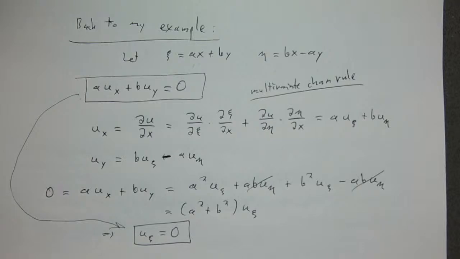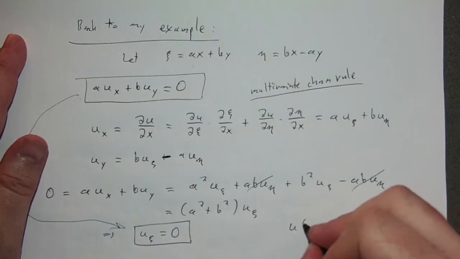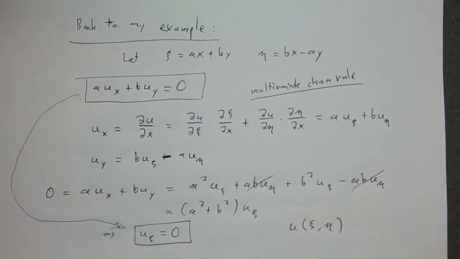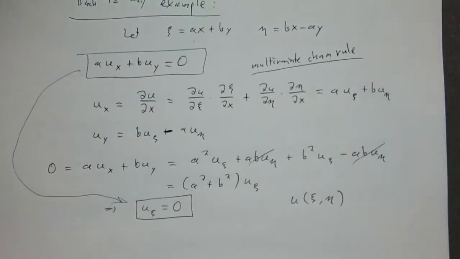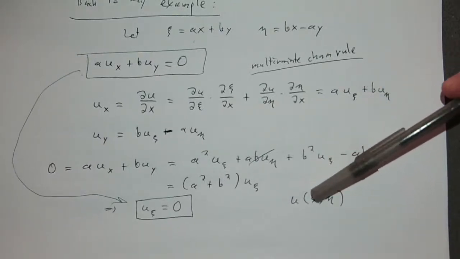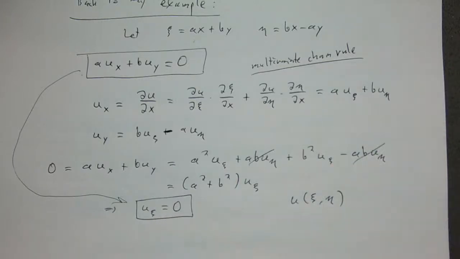And of course we seek a solution in terms of ξ and η. So we have an unknown function u that depends on two independent variables, ξ and η, and we know that its partial derivative with respect to ξ is 0.